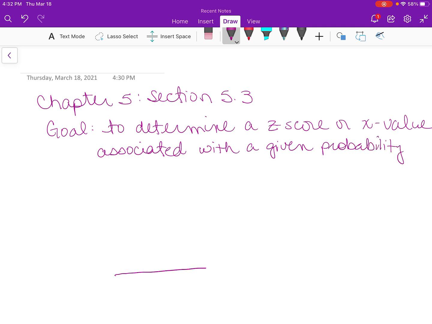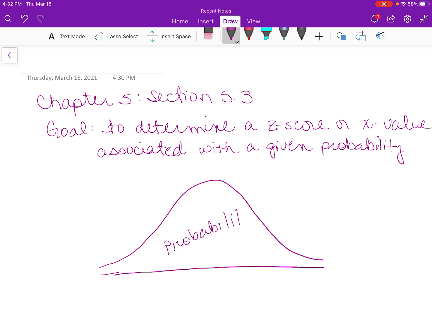So let me remind you of what happens in the normal curve. Inside the normal curve, you find probability. Outside the normal curve, you find Z-scores or X values.